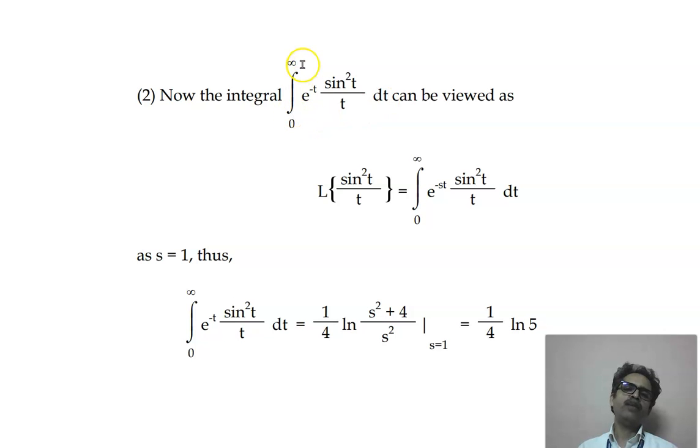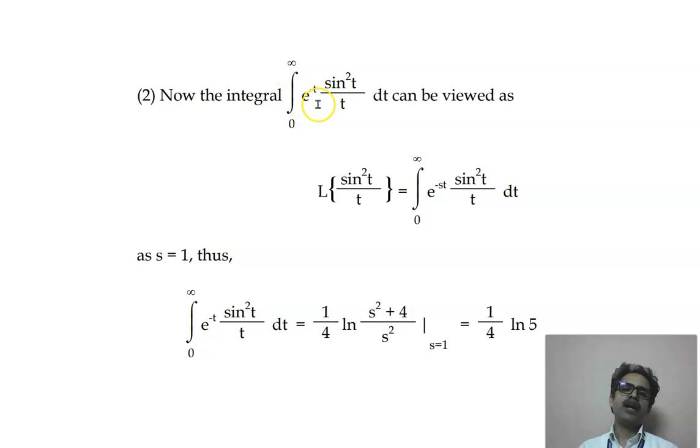Integral from 0 to infinity e raised to minus t sine square t upon t dt. So this sine square t upon t is taken as f of t, and there is exponential expression e raised to minus t. So I will treat this as f of t, and this is e raised to minus st type.